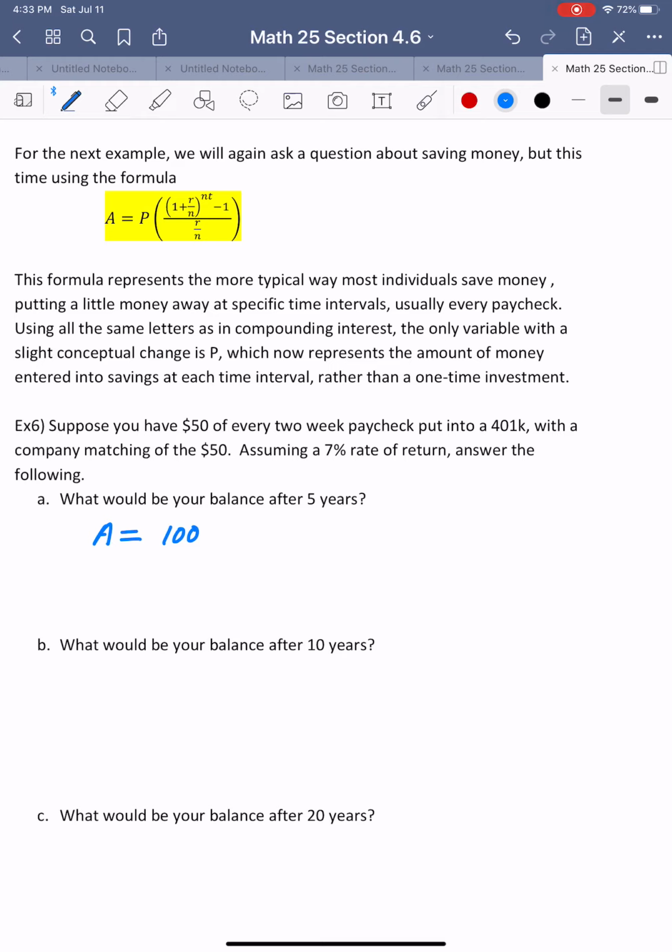Every 2 weeks. So what will be the balance? Hold on a second. I want to make that 200. Let me put down 200 because I want to make it monthly. Because n is 12 this time, right? Instead of 24.